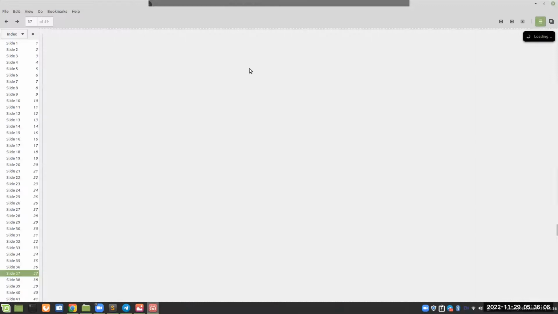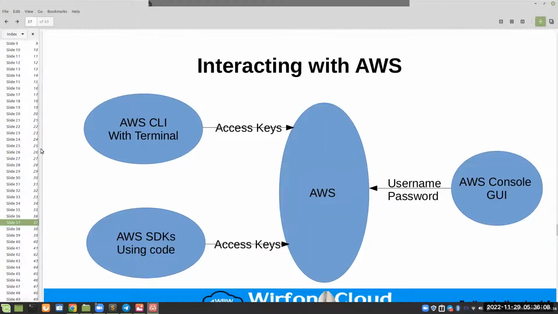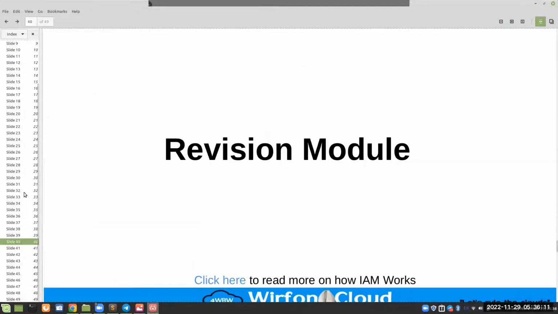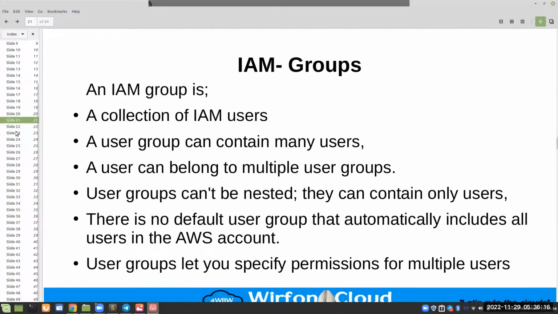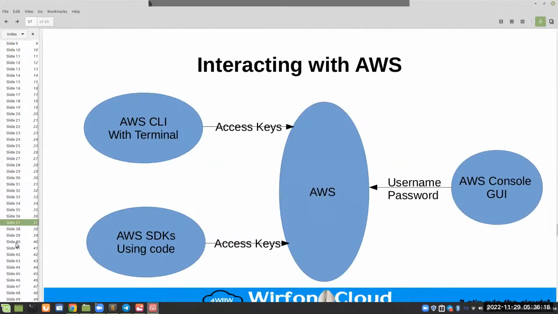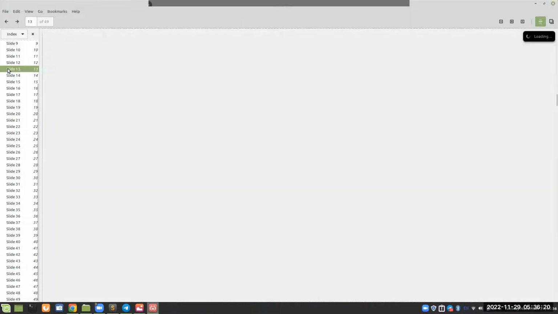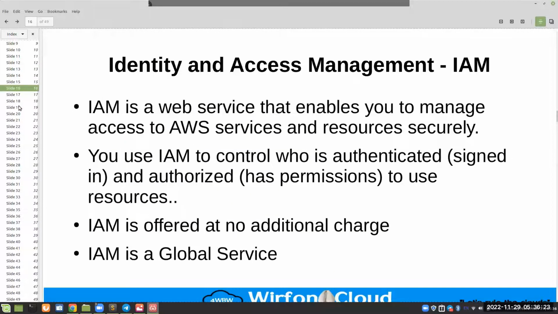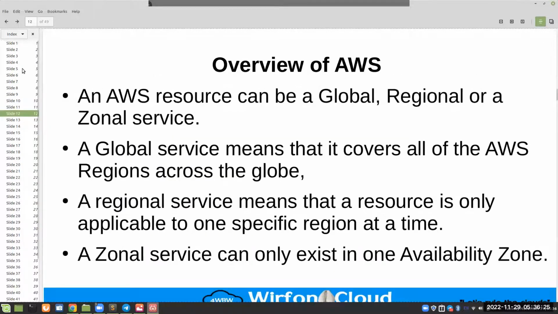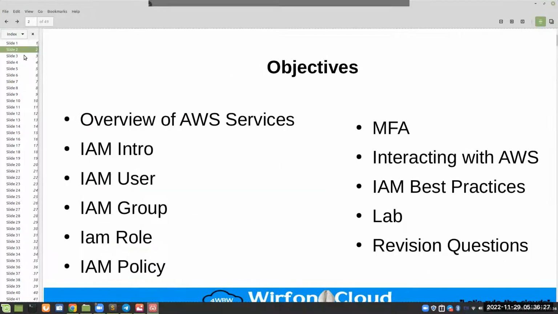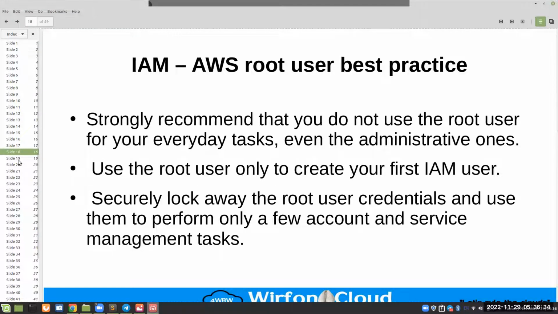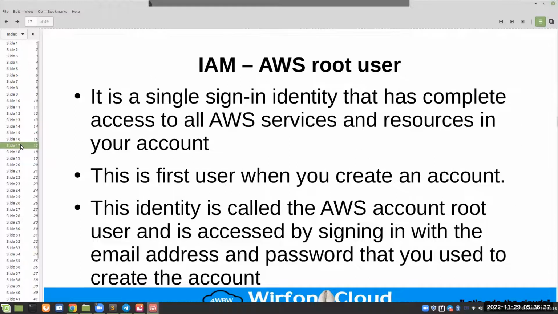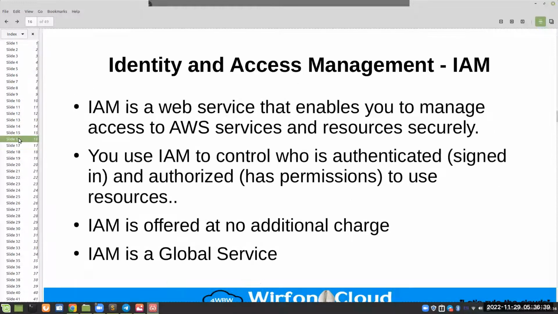I'm trying to go back to, we did have that in our best practices. I'm very sure we had this in our notes. If you go to IAM that we covered, there was a point where we had IAM best practices in the lab session. Okay, you see. So this is what is going to help you.